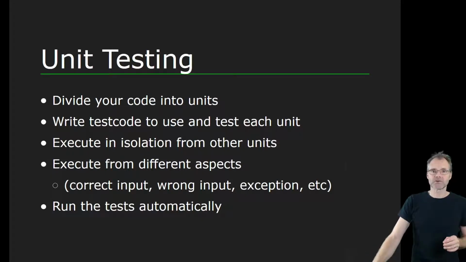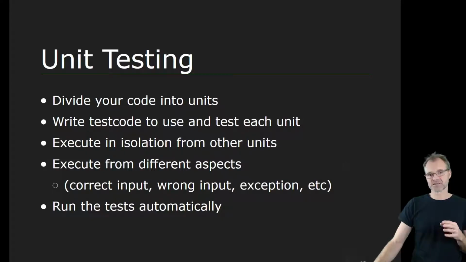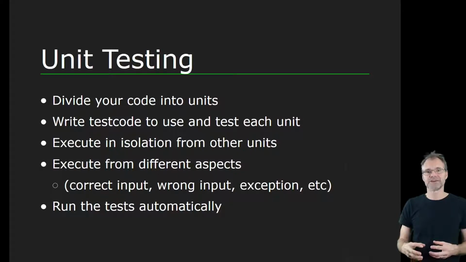And finally, we're going to run all these tests automatically. So it's going to be easy to run them, and we can run them again and again and again. So this is all about unit testing, and this is something you do as a programmer when you develop the original code, usually at the same time or slightly after or even slightly before, depending.